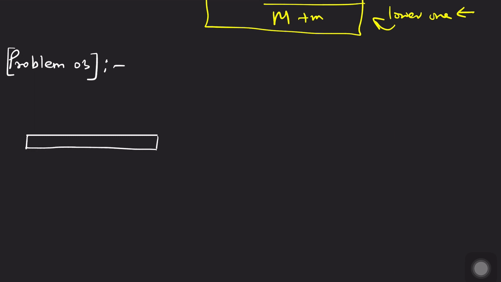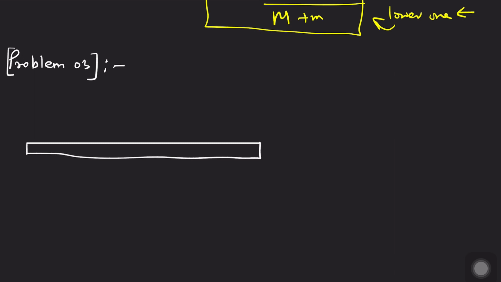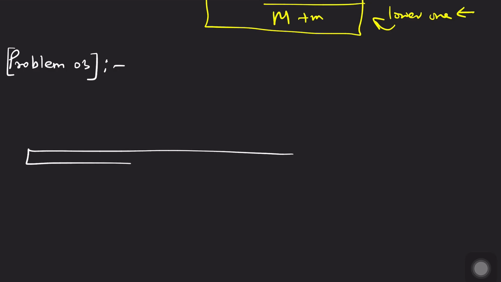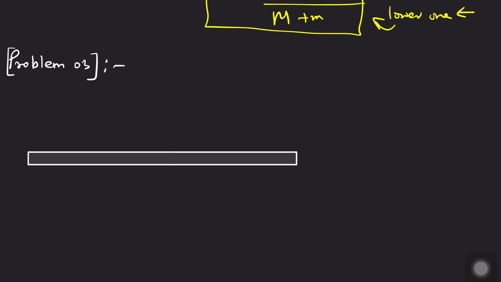This is a plank, a long plank, and the mass of this is capital M. Sorry guys, one minute, let me make a proper plank.